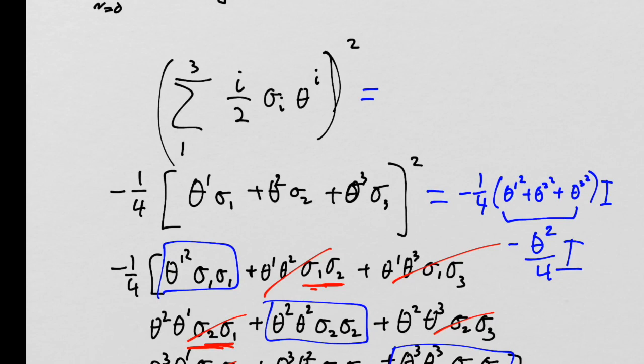If we want to keep the squares going in the most convenient way, we'll write this as minus 1/2 sigma squared, or 1/2 theta squared, where it's understood that that's times the identity matrix.